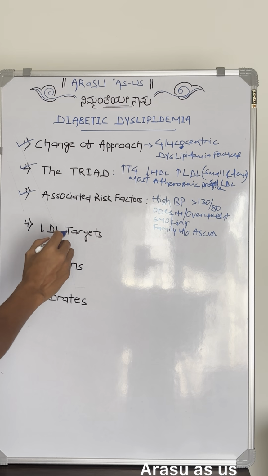Then the third point is about the associated risk factors. Whenever we are dealing with diabetes and we find dyslipidemia, before starting therapy we have to consider some associated risk factors, mainly high BP, that is BP more than 130/80, then obesity or overweight.